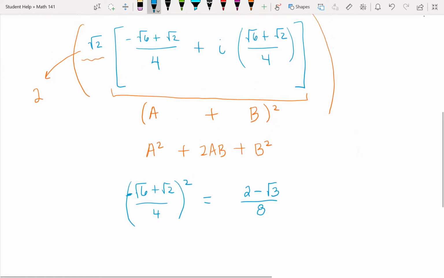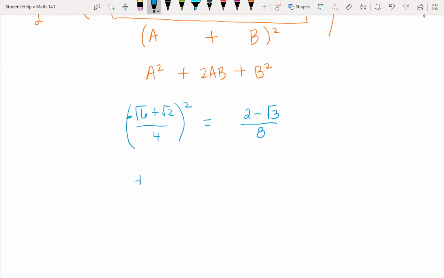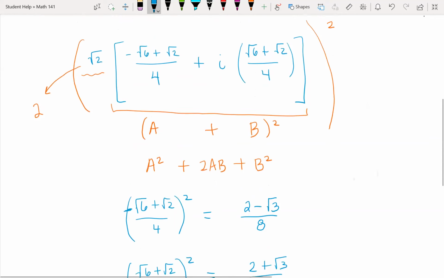The second part, the b squared: if I square the square root of 6 plus the square root of 2 over 4, that part squared, I end up getting 2 plus the square root of 3 over 8. Those are similar, just one's got a plus, one's got a minus, right? But this second one is multiplied by i.